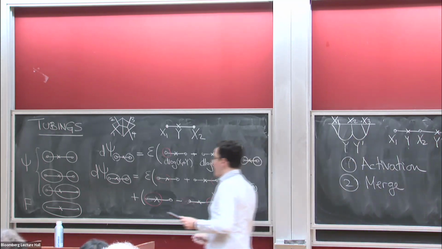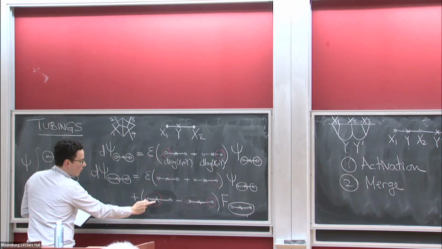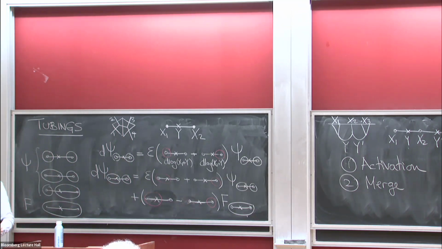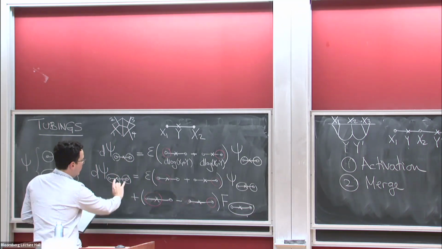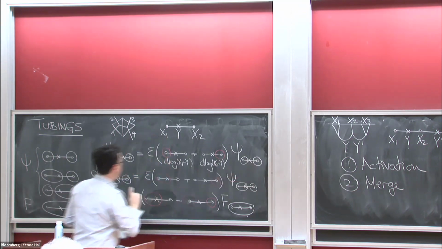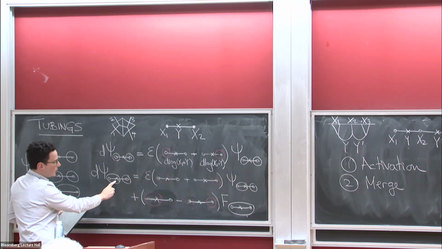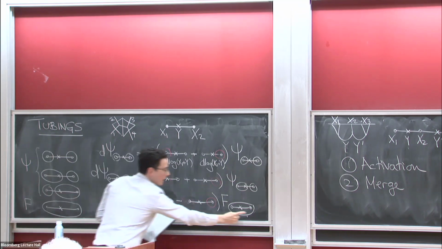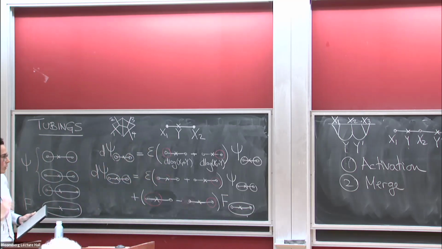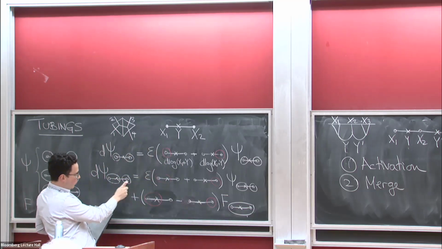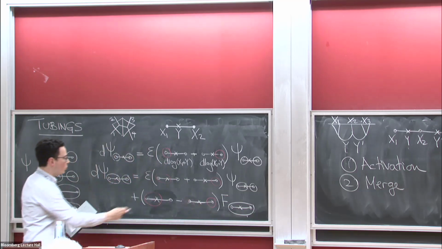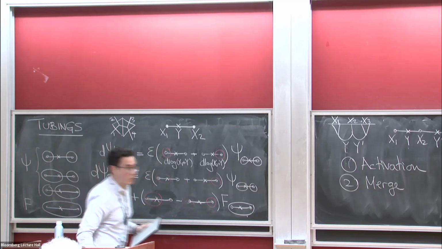When you activate a tube that has a cross, it's allowed to merge with the tube adjacent to it. Here there was nothing with a cross, nothing was activated. Here you activated something with a cross, so these guys are allowed to merge. What multiplies the function related to the tube after merging is the difference between the original tubes, with an extra rule that the plus sign goes with the guy with the cross.